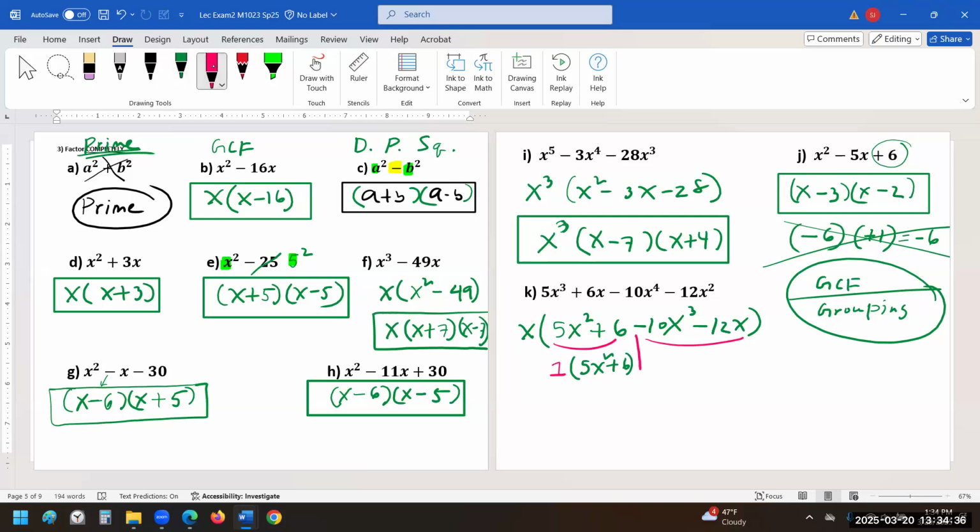But what do you see common in the second group? You see a 2. Anything else? X. And how does your second group start, positive or negative? Negative. Would you like to start your day with something negative? No, right? Same thing, a polynomial doesn't want to start with a negative number. So you have to factor out a negative.